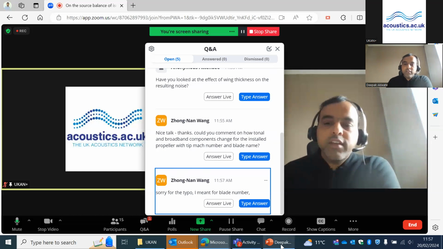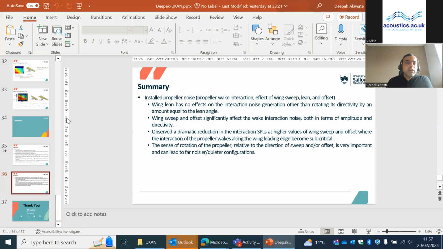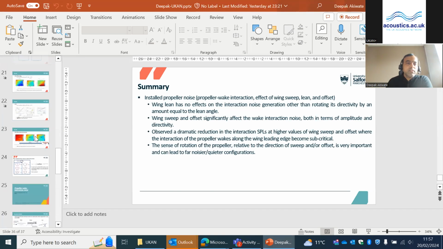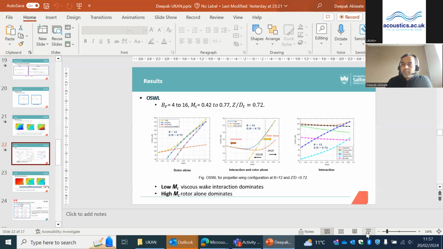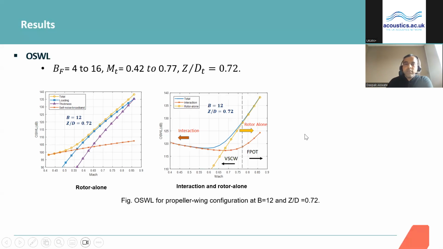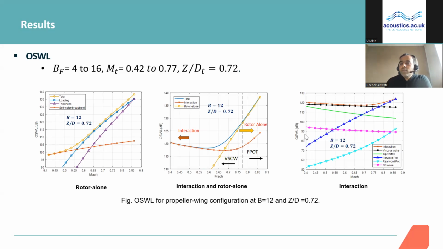Okay, let me show the results over here. If you look at the installed noise sources, we have the broadband wake interaction noise source, which goes very low over here.